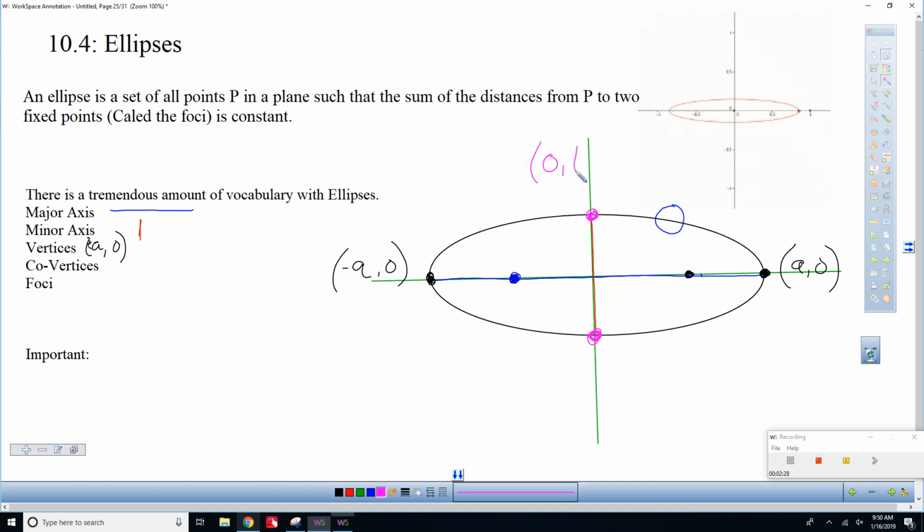So 0, b, and 0, negative b. So 0, plus or minus b. Now, the foci are here and here, and we've talked about those. For this video, we will just call those plus or minus c, 0.